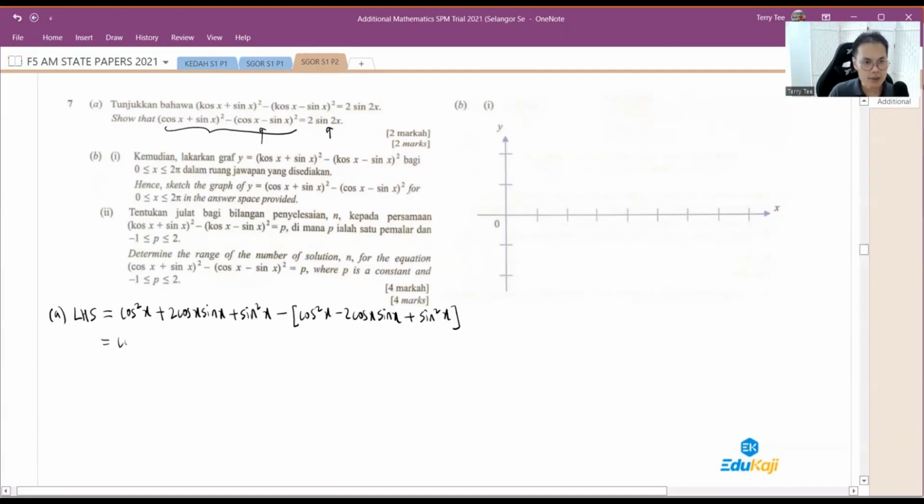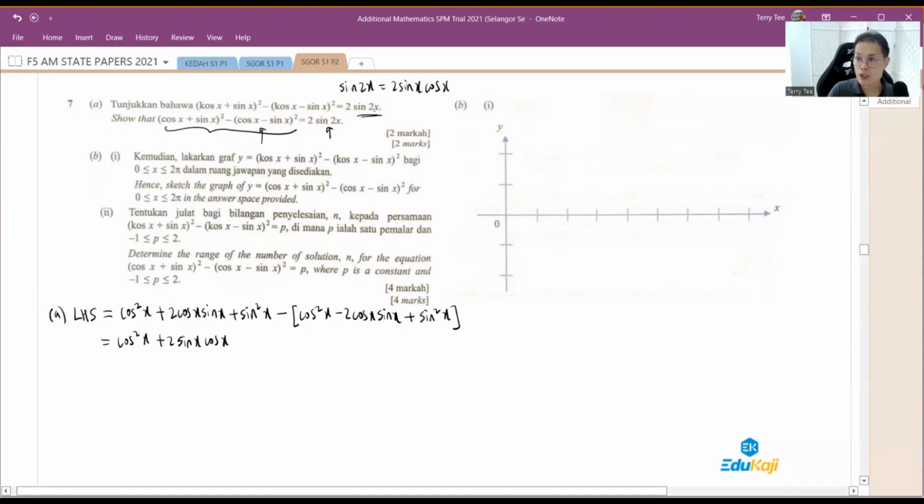Let me do this a bit slower so that you understand. This is cos squared plus 2 cos x. Instead of writing 2 cos x sin x, I will write 2 sin x cos x. Why? Because I know sin 2x is 2 sin x cos x.